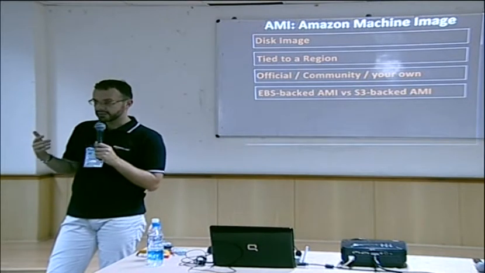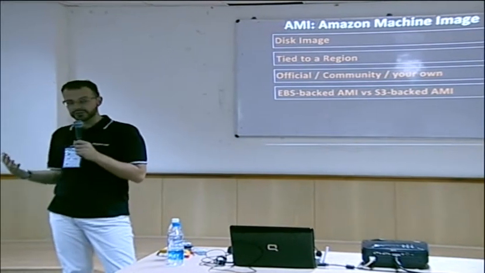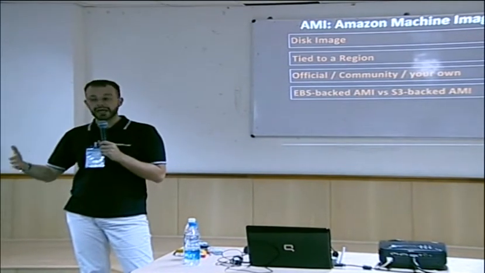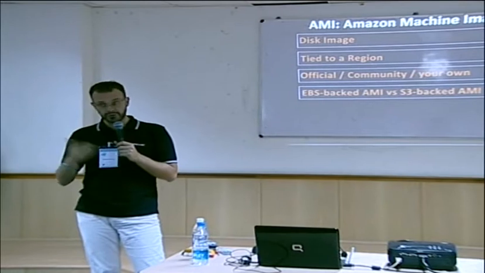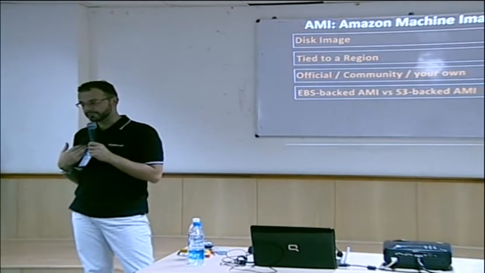I want to spend a couple minutes on the concept of Amazon Machine Image. So what happens when you launch a server is that you have to select a disk image to start with. This could be an Amazon official image. This could be a community image. So someone created the image and made it available for you to use, or maybe just your own images.